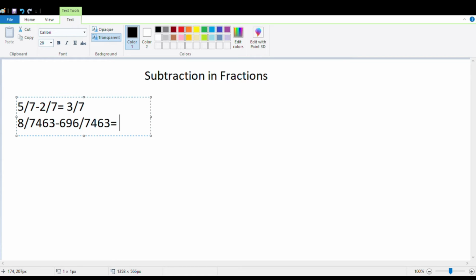Now what will this equal to? As you might see, it's minus 696 and 8. How can you do that? Right? So there is a method.